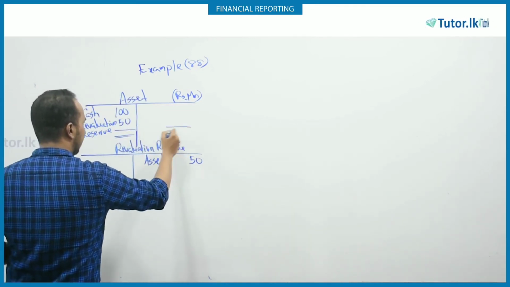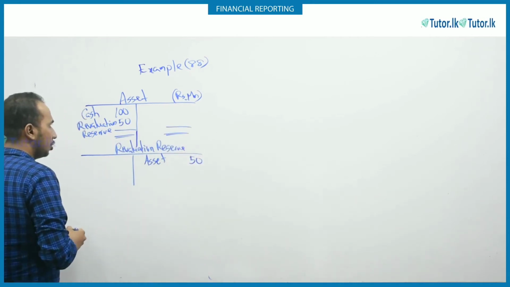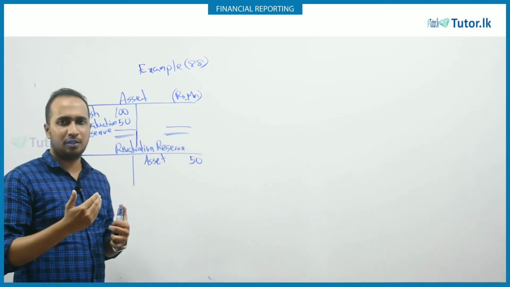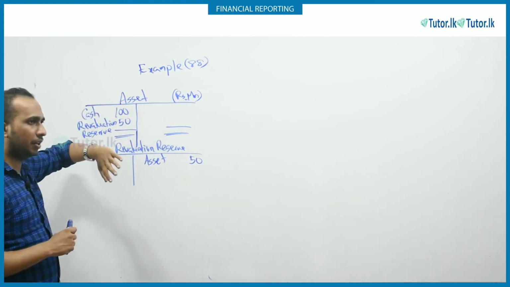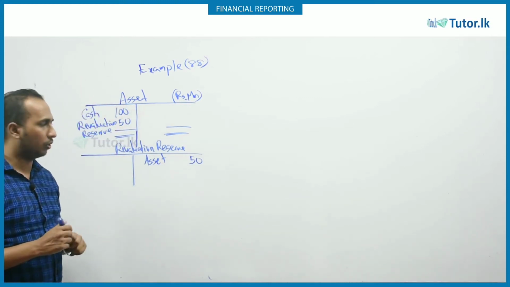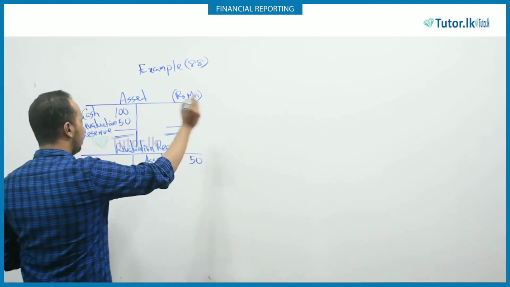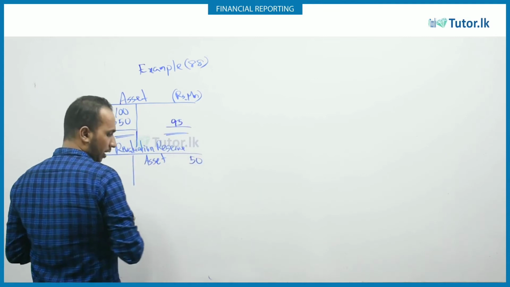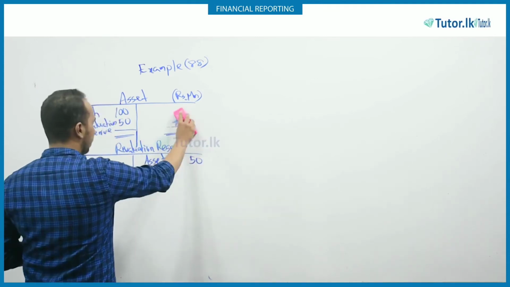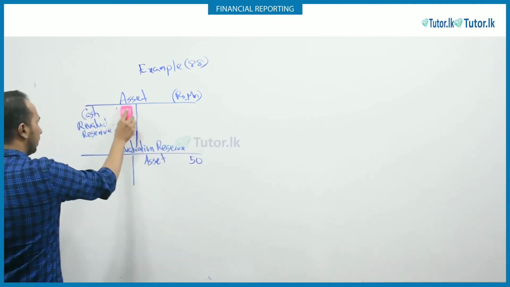That means there can be some depreciation, and because of the depreciation, the total 150 has come down to 95 million. So we'll record depreciation in this account as well. For the time being I will take the next figure.